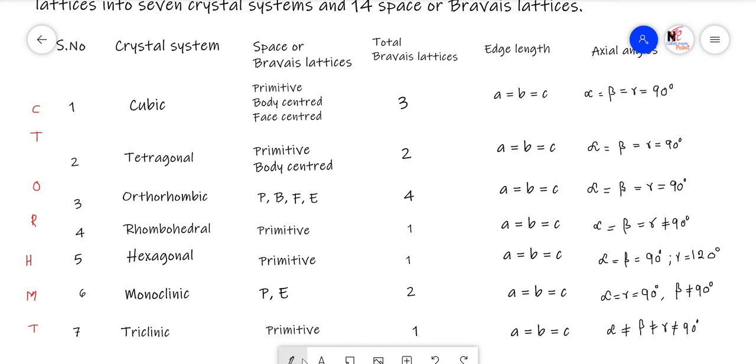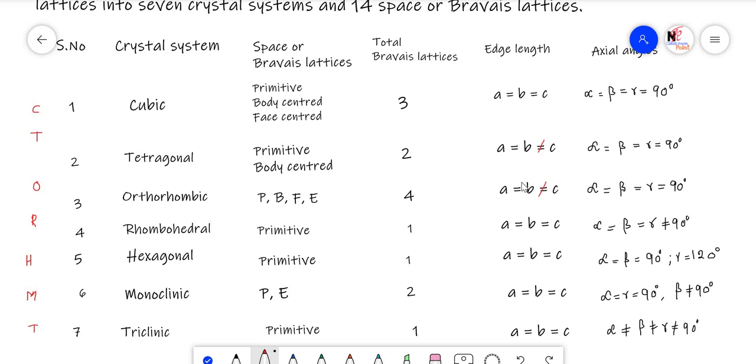Now, how to remember the edge lengths and axial angles? Just write down a equals b equals c in all the cases. First, cubic: a equals b equals c. Tetragonal: you cancel one from the right-hand side, so a equals b not equals c.